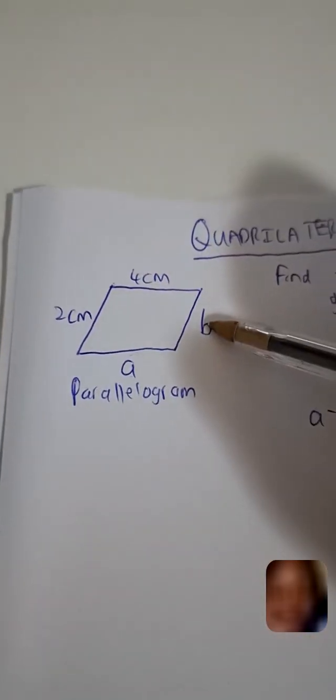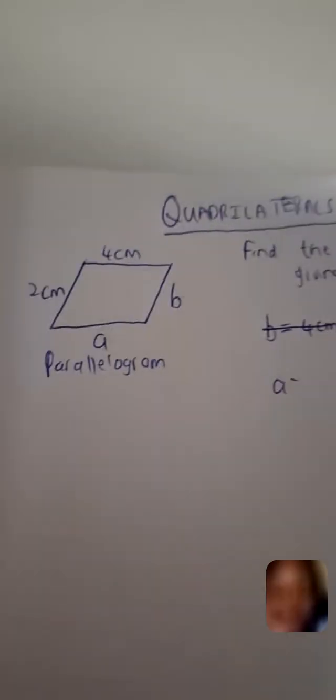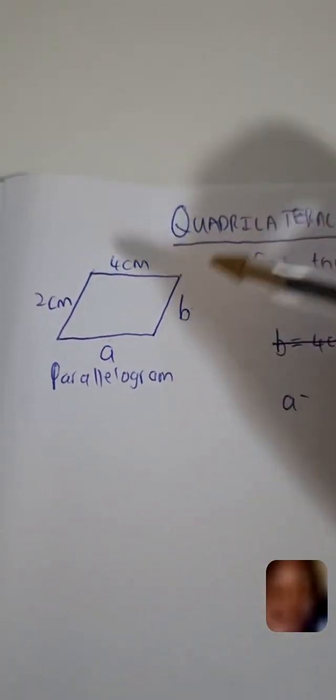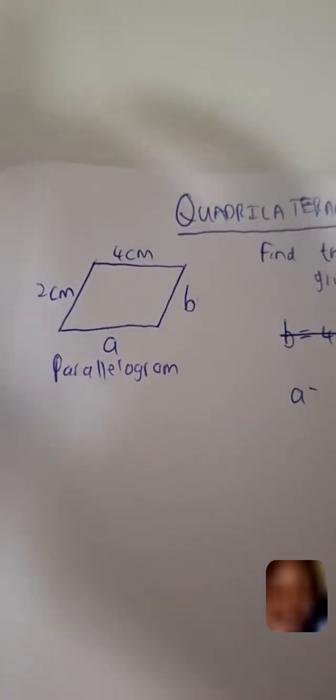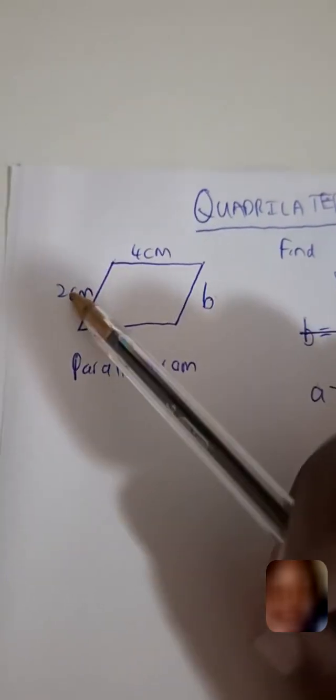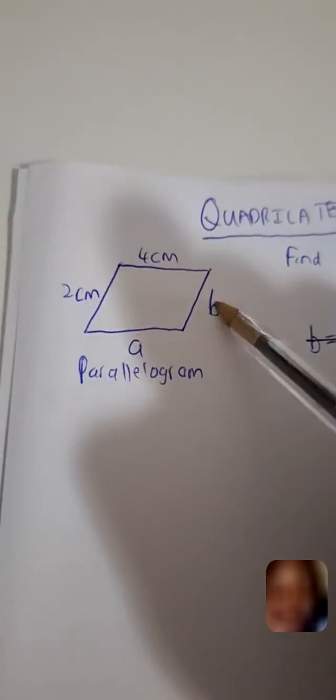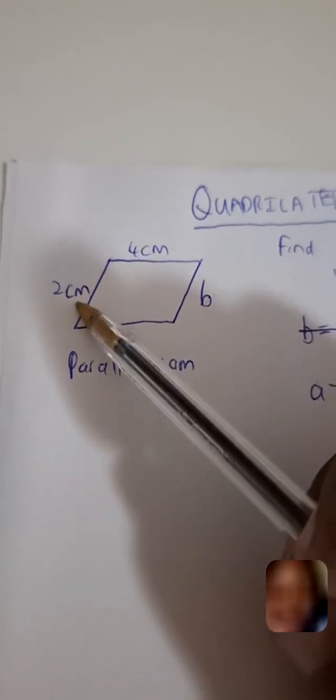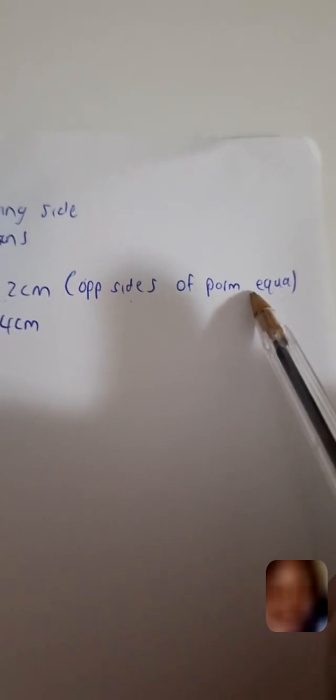So obviously we are identifying B. I love the fact that you said both pairs of opposite sides are equal, because that speaks to the property that we had actually mentioned, right? For B, it is opposite. So if we're looking at B alone, then B is equal to 2 centimeters, and the reason is opposite sides of a parallelogram are equal.